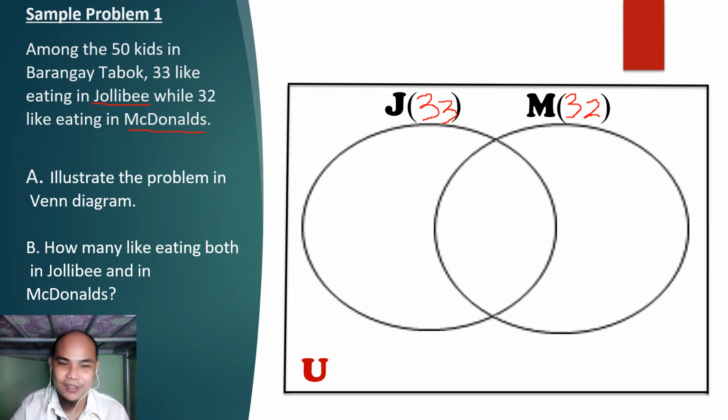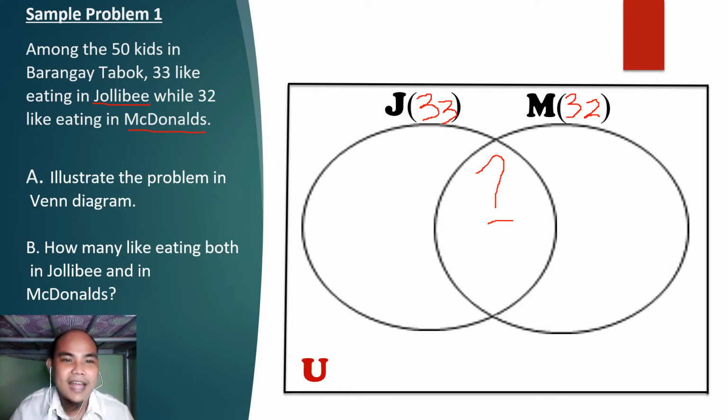When we say both Jollibee and McDonald's, it means we need to find the intersection of the two sets. How many kids like eating in Jollibee and at the same time like eating in McDonald's? Therefore, our problem is this one. What's the answer for that one? That's the question mark.